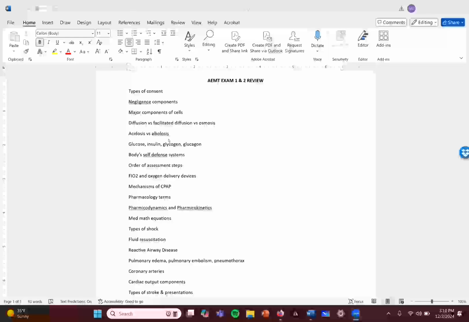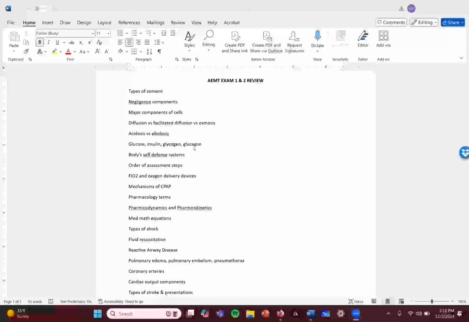So when we have an acidotic patient, they're going to breathe faster to blow off that CO2, but their renal system is also going to start to eliminate the hydrogen ions, and the bicarbonate ions is what it's going to retain. So it fixes the acidosis. So we have respiratory and metabolic acidosis and alkalosis, and the ways that our two systems are going to try to fix those.